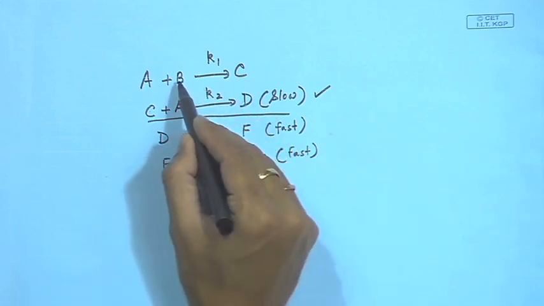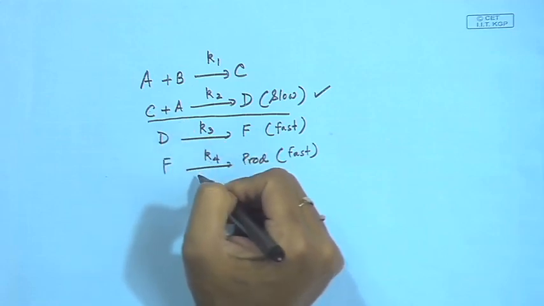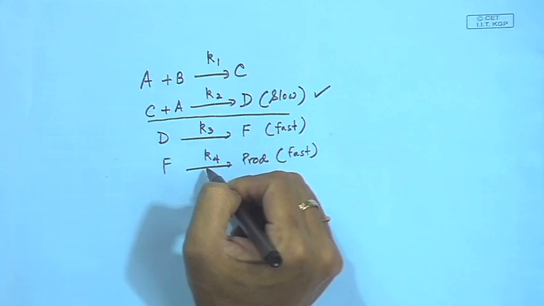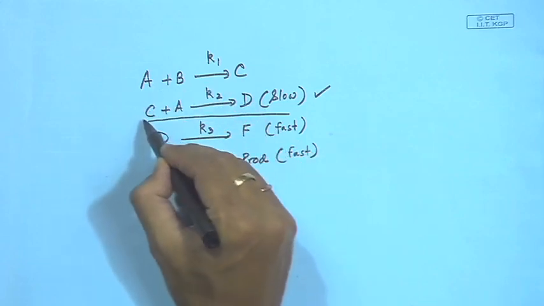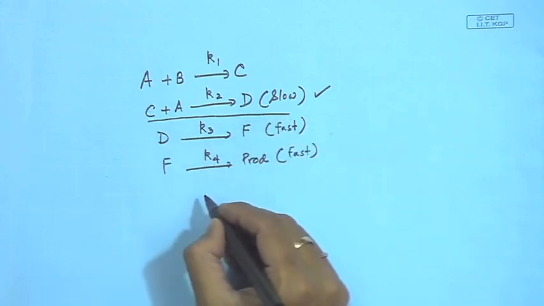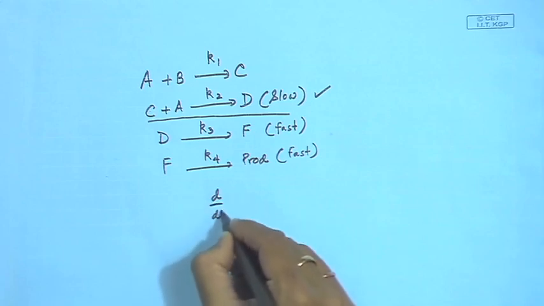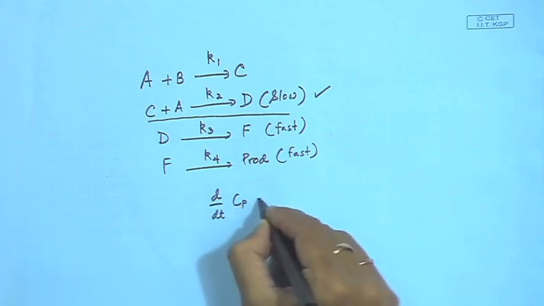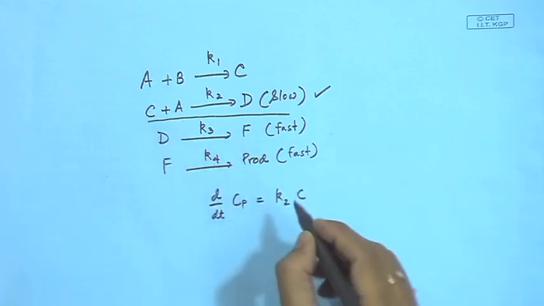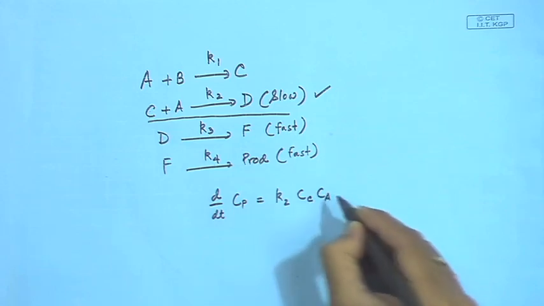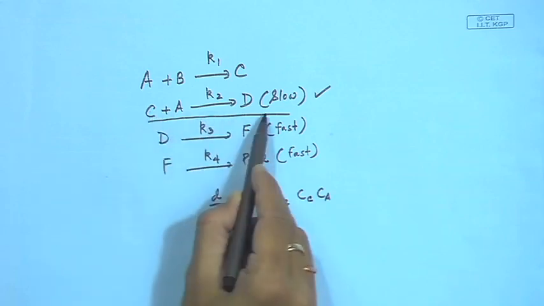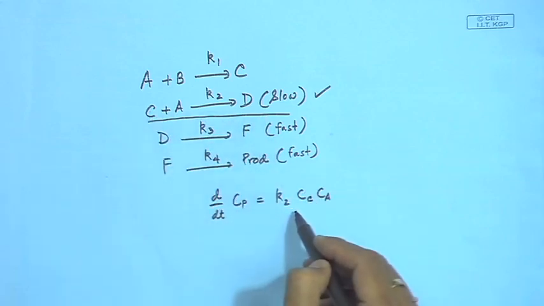There are 4 steps, 1, 2, 3, 4, each of which corresponds to one elementary step. This is the elementary step which is the slowest process. Therefore, the rate of formation of the product, d[P]/dt, is equal to K2 times the concentration of C times the concentration of A times the concentration of A. In elementary steps, the number of species involved should come into the rate equation.